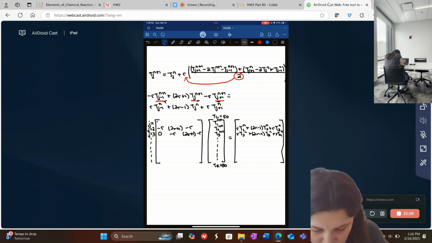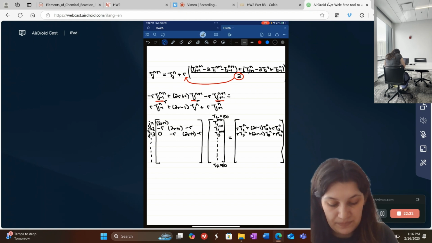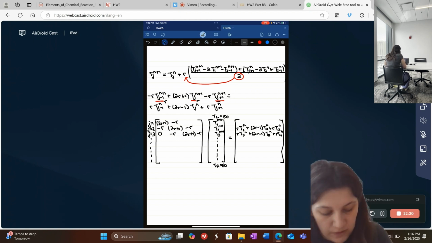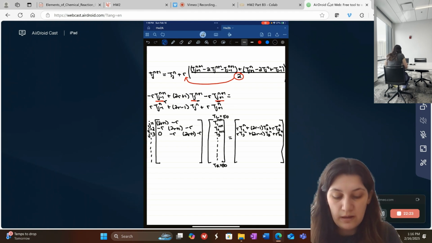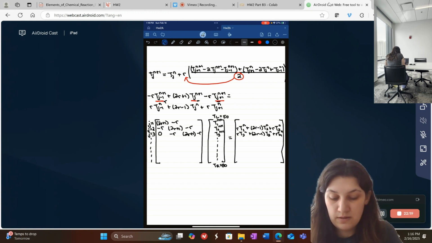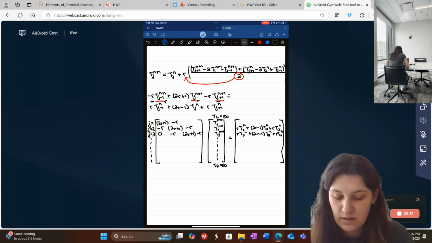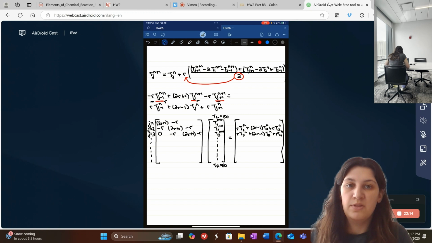So you have 2r plus 1 here, and then T2 is our T_(j+1), which would give us a negative r, but then it would go on to T3, 4, 5, and we're not dependent on that for j equals 1, but we still have to look at the temperature to the left, over here, for this position, but this is a known and not an unknown, right?